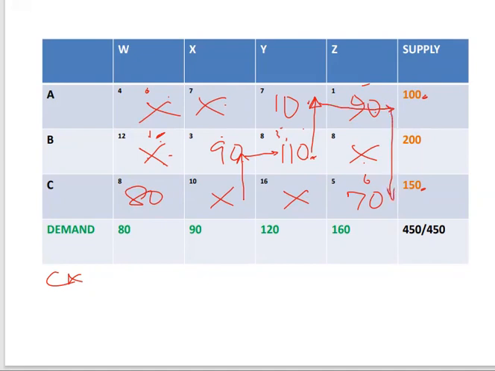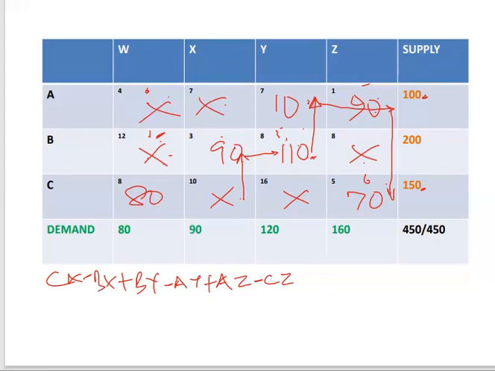CX minus BX plus BY minus AY plus AZ minus CZ.